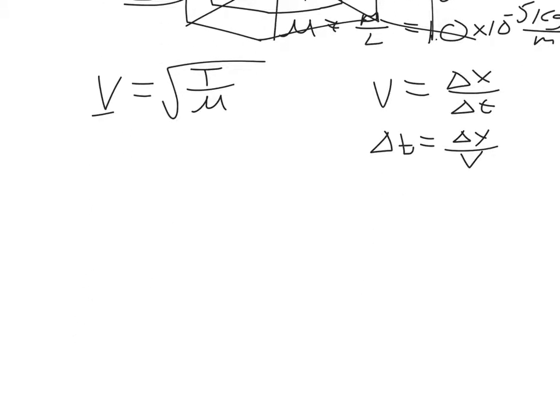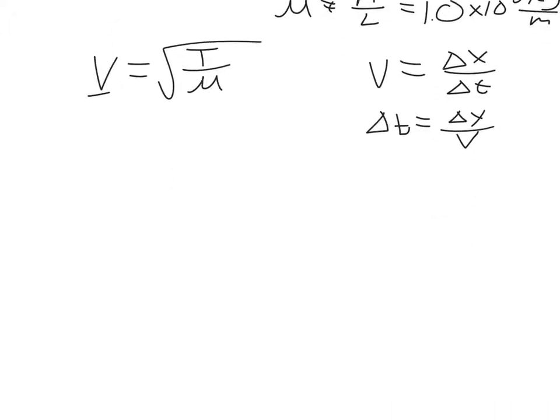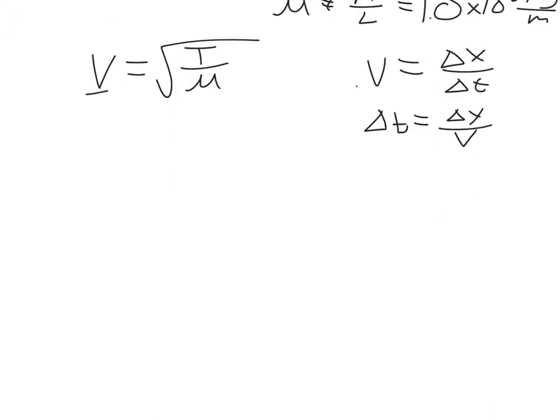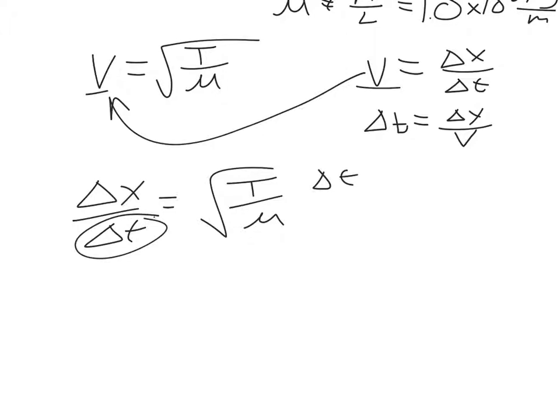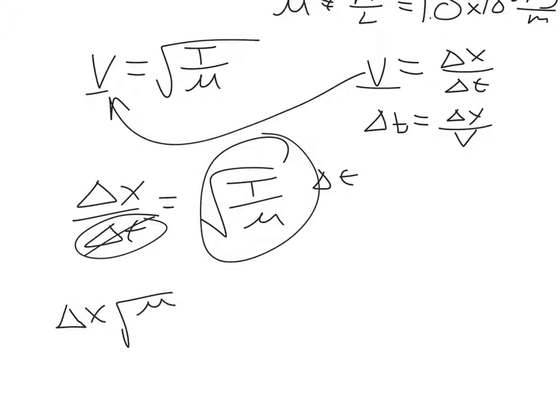So I'm going to get delta x over delta time equal to the square root of tension over mu. Solving for delta time, I'll multiply delta time this side and divide it over here. Then I'm going to divide by this, which essentially will multiply by the inverse. So I'm going to get delta x times the square root of mu over tension equal to delta time.